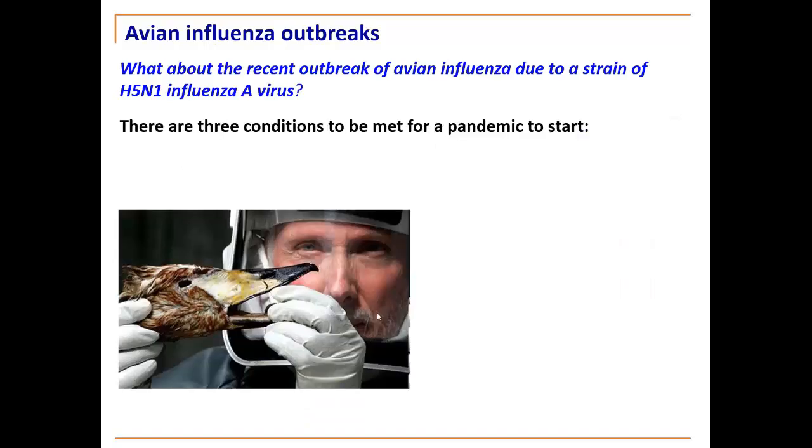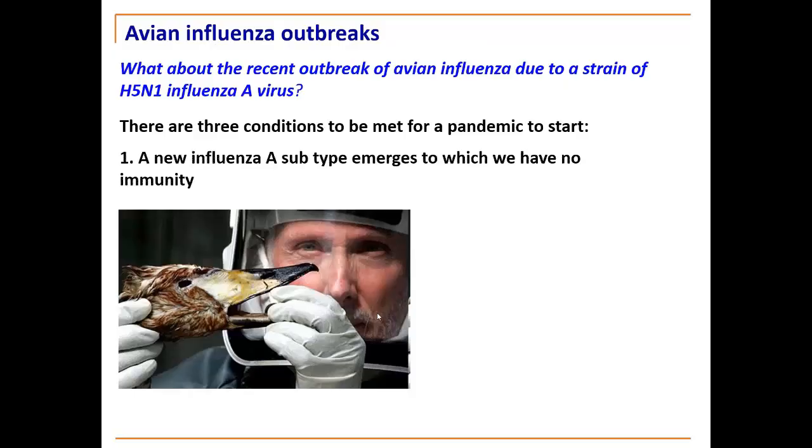So, how do we actually get a pandemic starting in the first place? What are the three conditions that need to be met? Well, you need to have a new influenza A subtype emerge to which we have no or very limited immunity. And that was the case with this H5N1 avian flu. The virus can infect humans, resulting in serious illness.